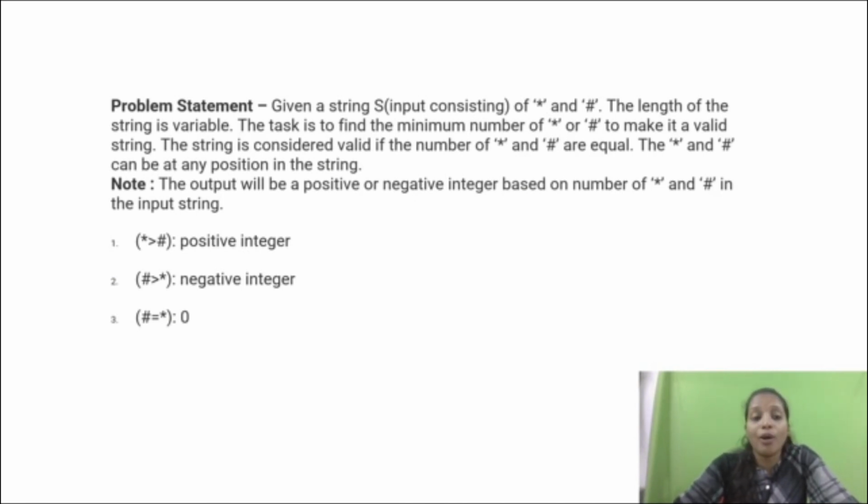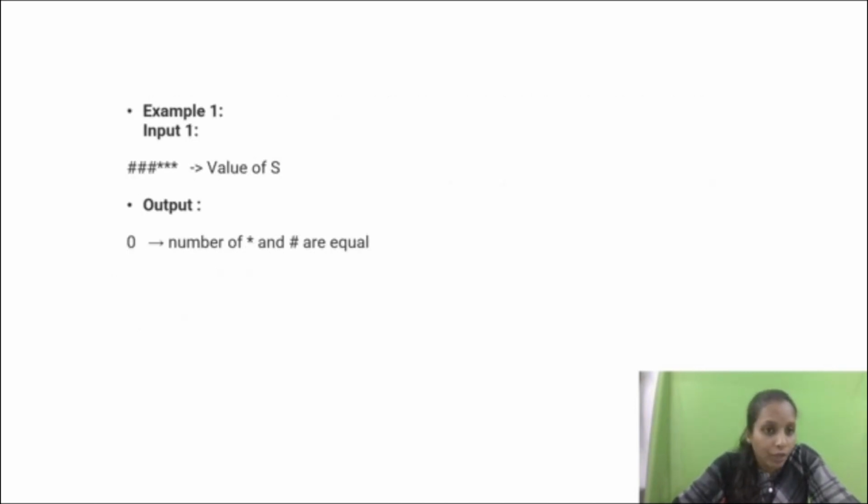Otherwise, if the number of hash and star are equal, then the output will be 0. So if you can see one example here, our input is given as 3 hash followed by 3 star. So the value of S is that one. The string consists of 3 hash and 3 star continuously. And the output should be what? 0, because the total number of hash is equal to the total number of star.